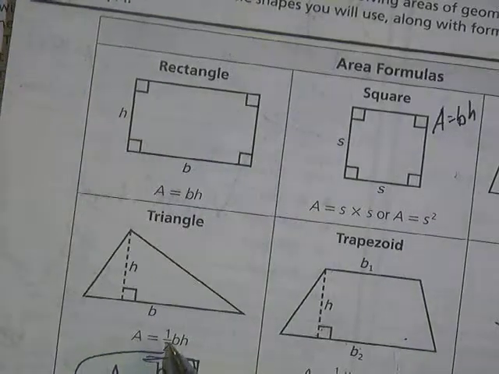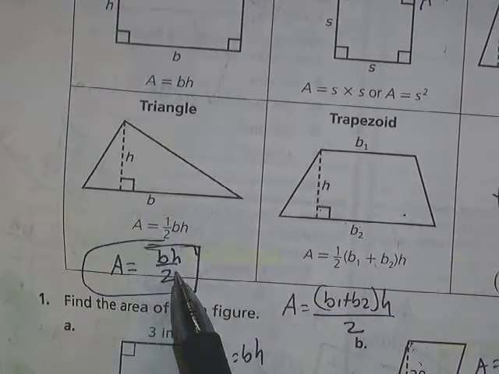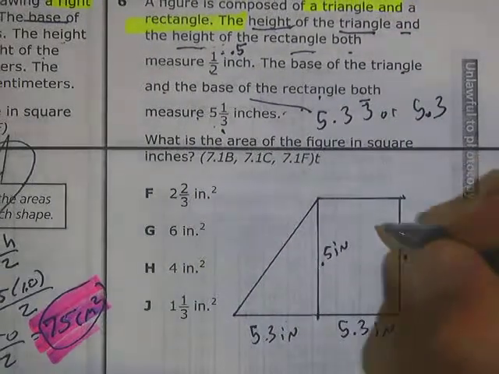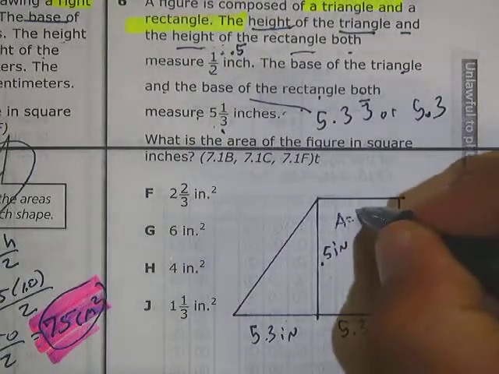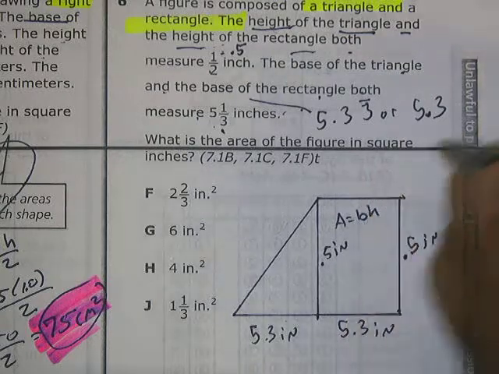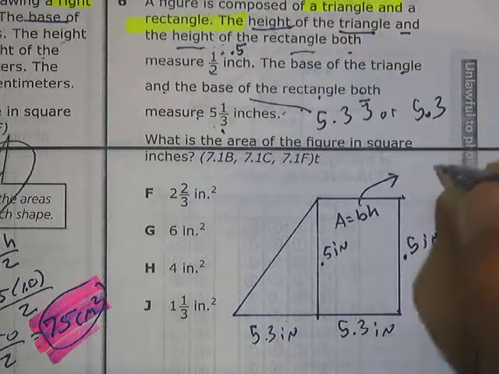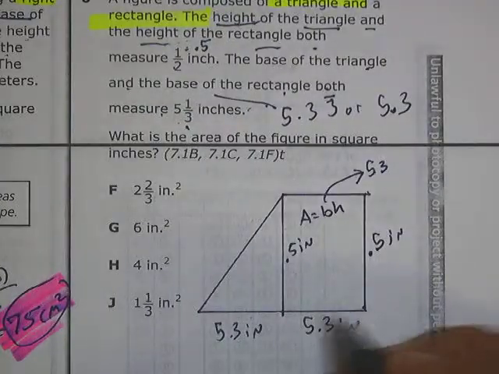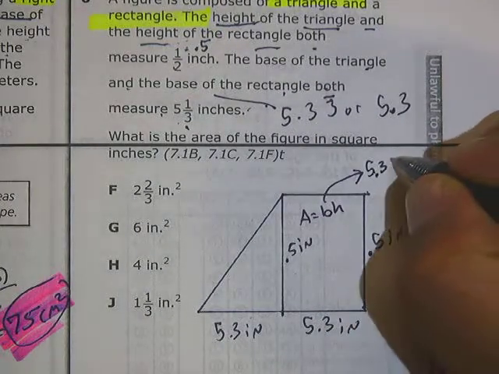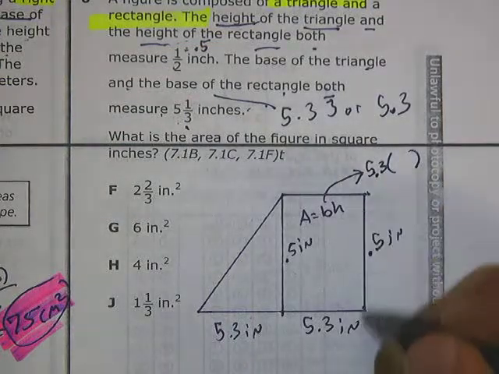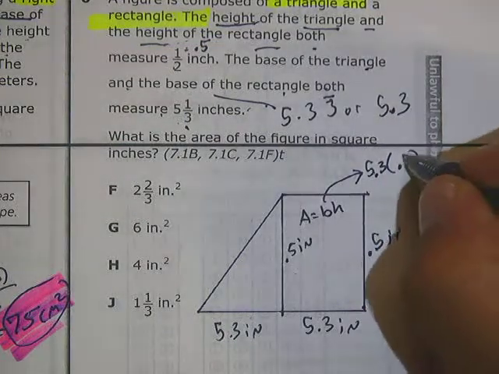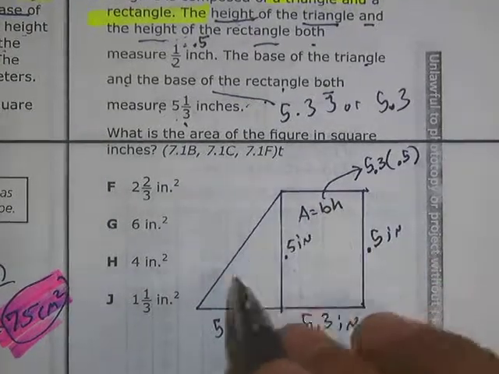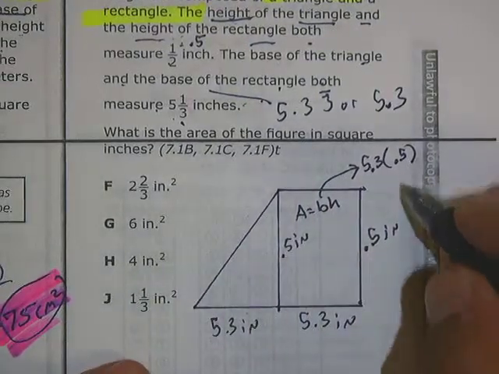Once again, I'm going to use the same equations. Triangle, base times height divided by 2, rectangle, base times height. So this one would be base times height, 5.3 times the height, which is 0.5.